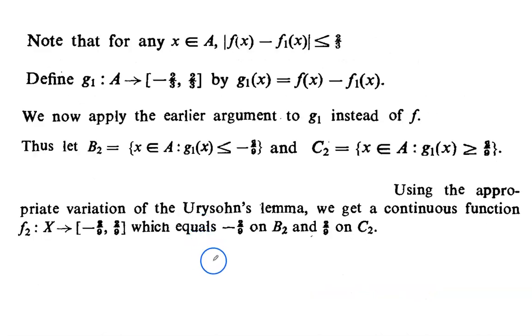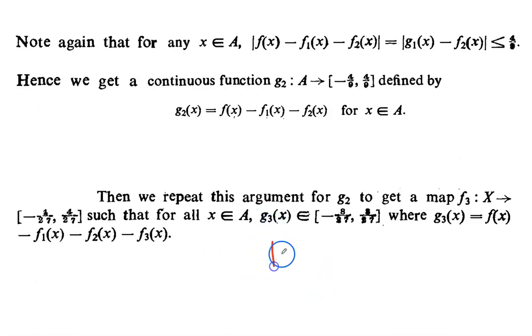Similarly, we can observe that for f2, its absolute value is less than or equal to 2 by 9, which can be written as 2 raised to 1 by 3 square. Similarly, we have constructed f3 in such a way that modulus of f3 of x is less than or equal to 4 by 27, which can be expressed as 2 square by 3 cube.